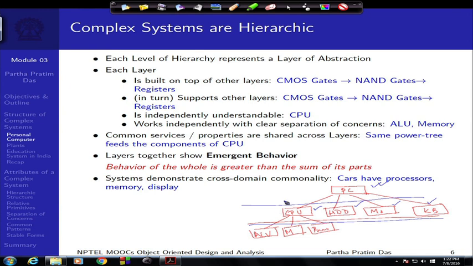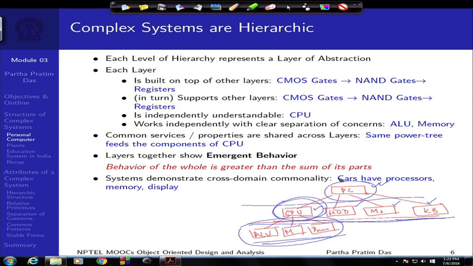In turn, if you look into any specific component here, that again is built up by other subcomponents. So, each layer is built on top of another layer. This layer of CPU is built on top of this layer. The CPU, HDD, memory, monitor, keyboard all make up the next layer.